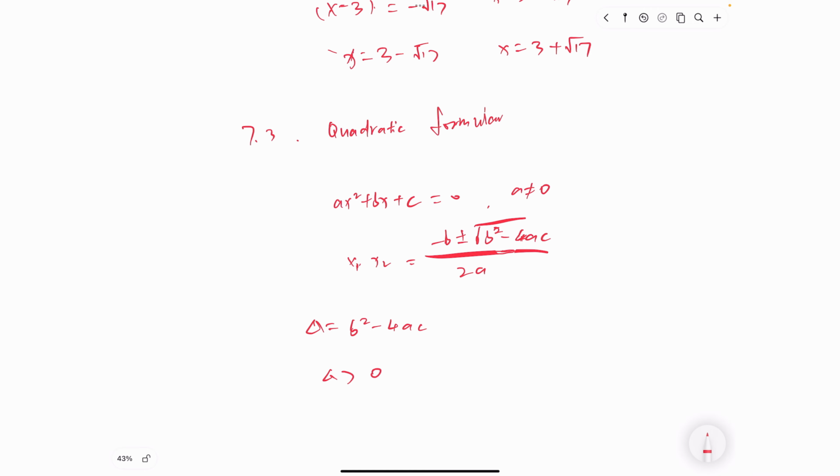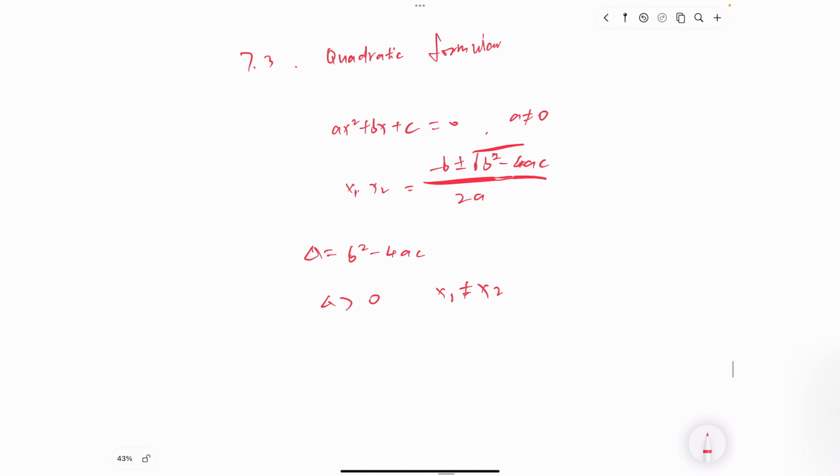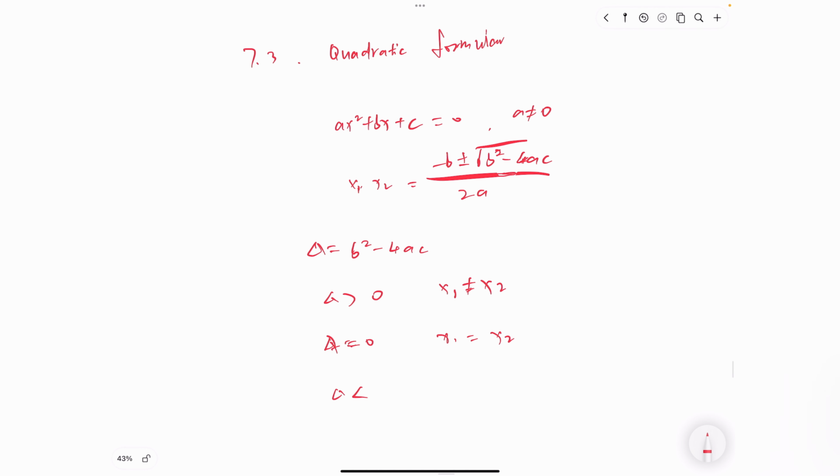If delta greater than 0, then x1 not equal to x2. If delta equals 0, that means x1 equal to x2. Delta less than 0, no real root.